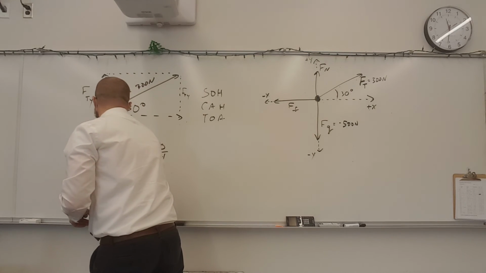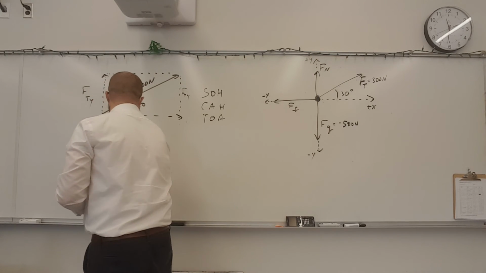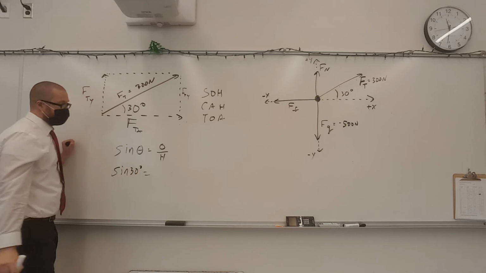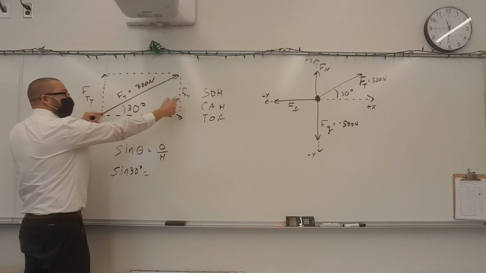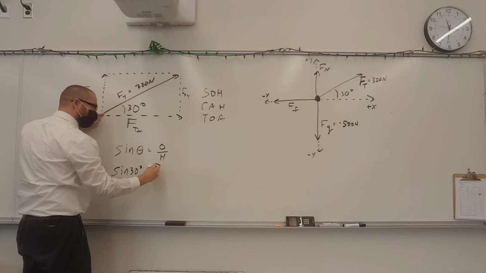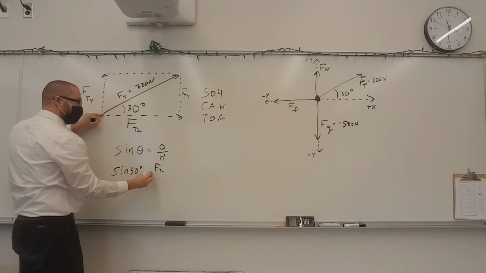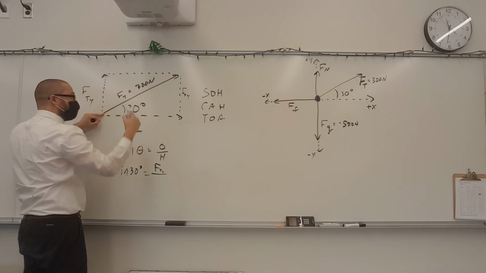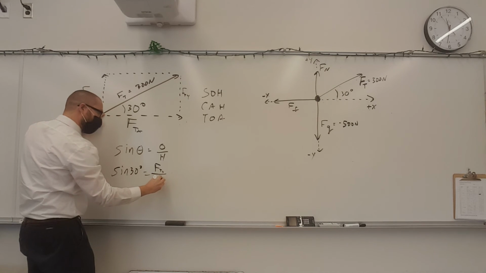So sine of 30 equals, here's the opposite, FTY, over hypotenuse, which is 300 newtons.